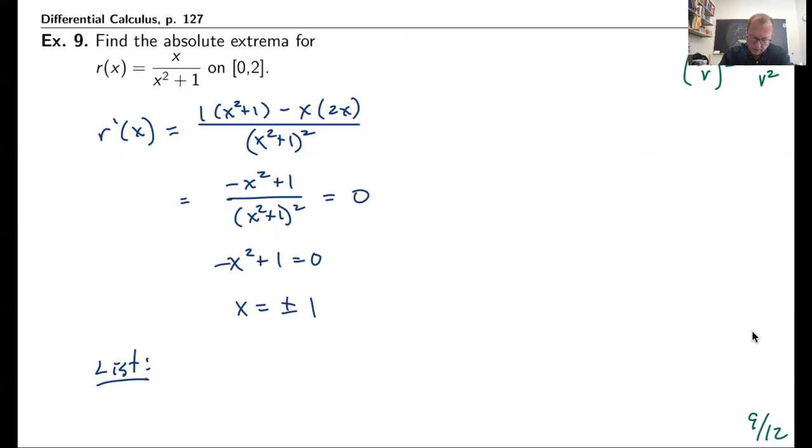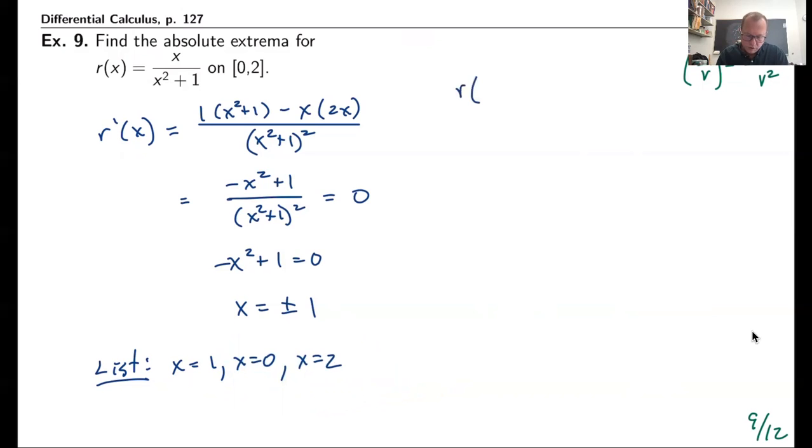So I'll say x equals 1, x equals minus 1, x equals 0, and x equals 2. All right. So when you were doing this, hopefully you spotted this is not my interval. So I'm going to go ahead and throw that out. So we only have to concern ourselves with stuff that is in the actual interval.